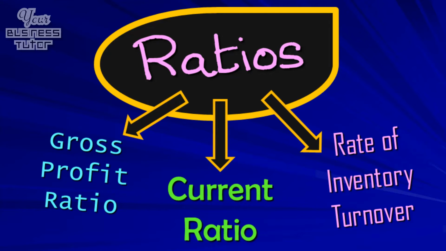Further still, and as we have discovered previously, information from both these statements can then be used to produce more refined data in the form of ratios such as the gross profit ratio, the current ratio and the rate of inventory turnover. However, the financial information a business produces does not end there.